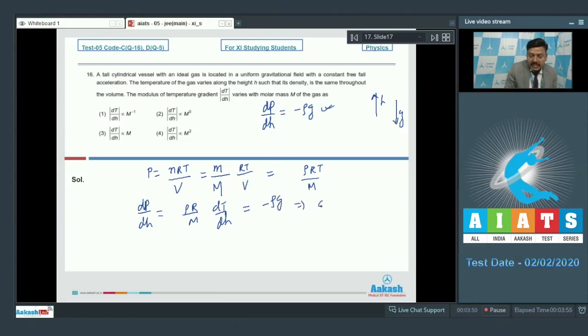So this tells us that the value of dT by dh itself is equal to minus capital Mg upon R. And so now we have the dependence of mod of dT by dh on capital M. We can see that it is clearly proportional to capital M, and that means for question 16 option 3 is correct. Let's go to the next question now.